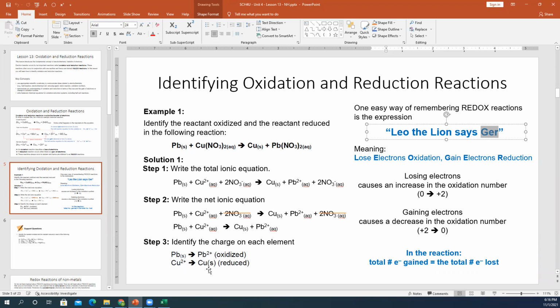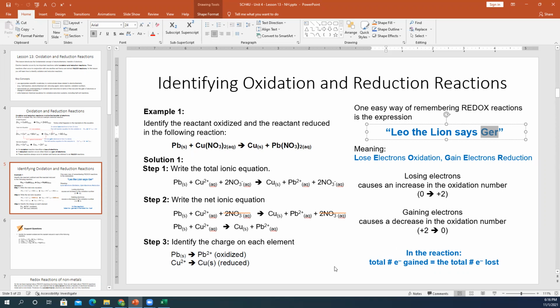The opposite is true for the copper. Gaining electrons causes a decrease in the oxidation number. This copper ion starts out with an oxidation number of +2, and through gaining electrons, its oxidation number is decreased to 0.